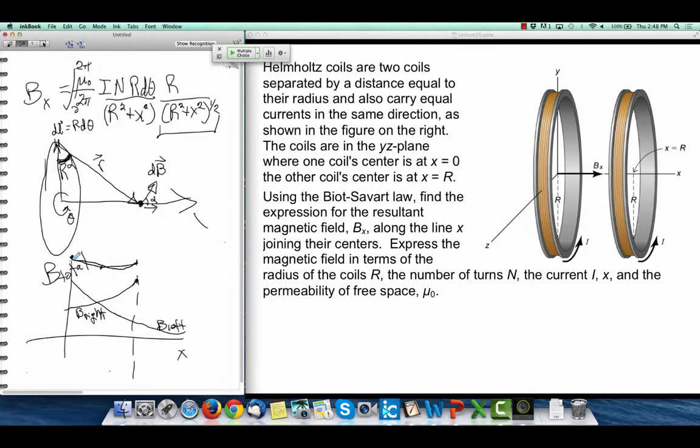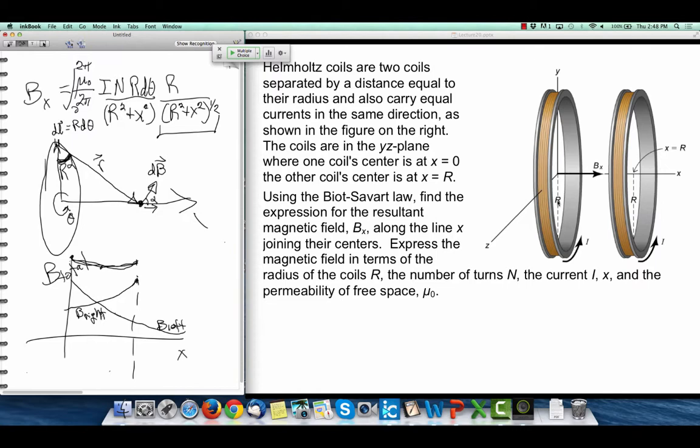You end up with a magnetic field that doesn't change very much with position. In fact, the point of building these is to produce a magnetic field in the center which doesn't change very much, which is pretty constant in the exact center. It's to produce a uniform magnetic field from just wires.